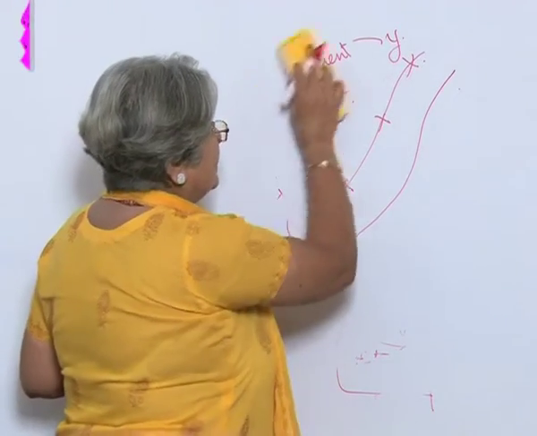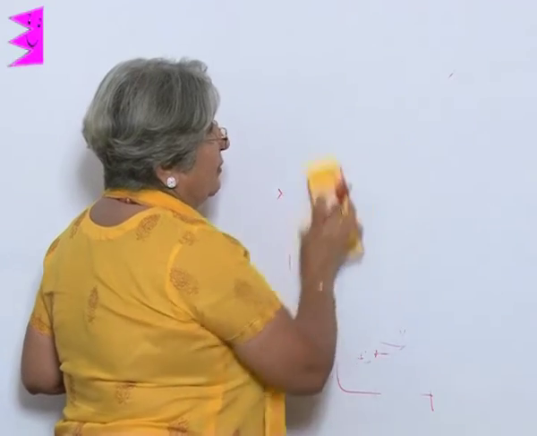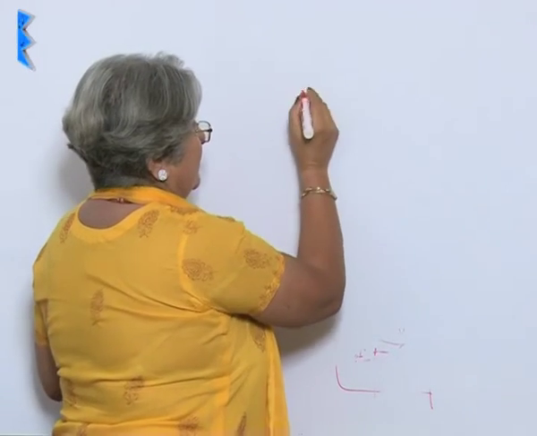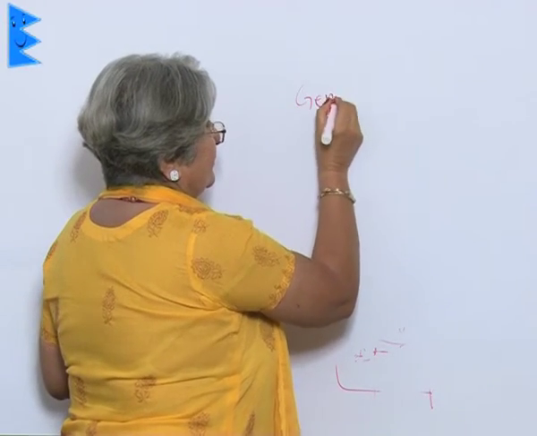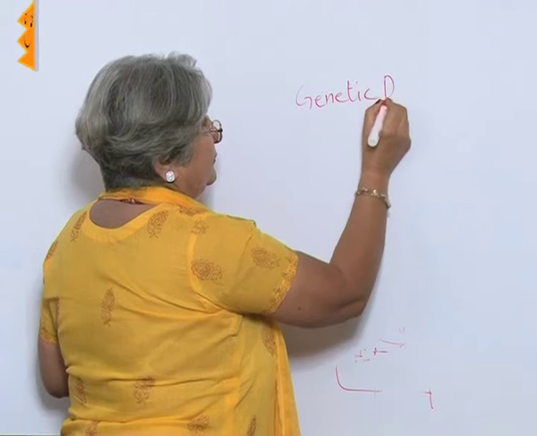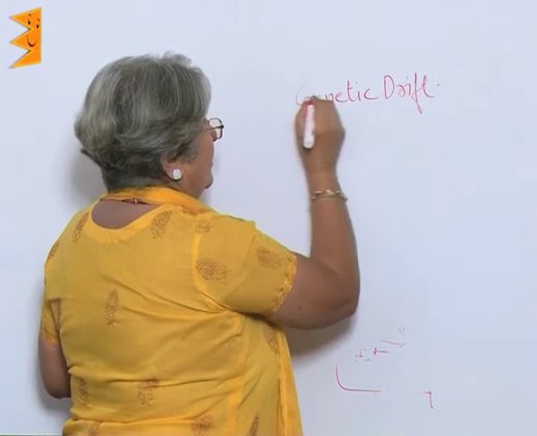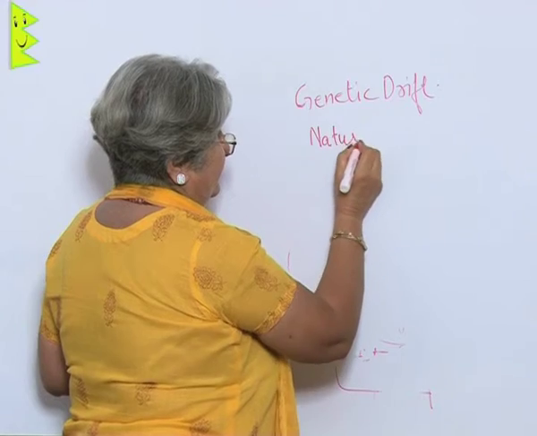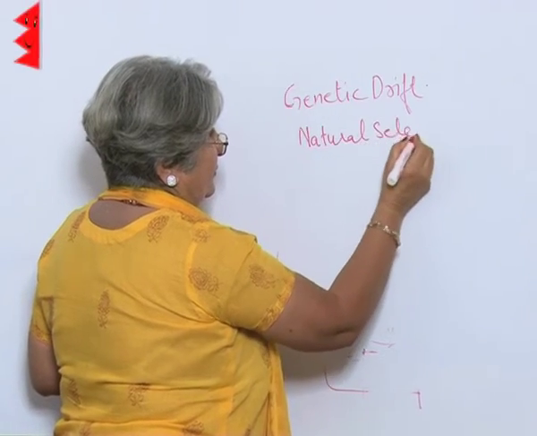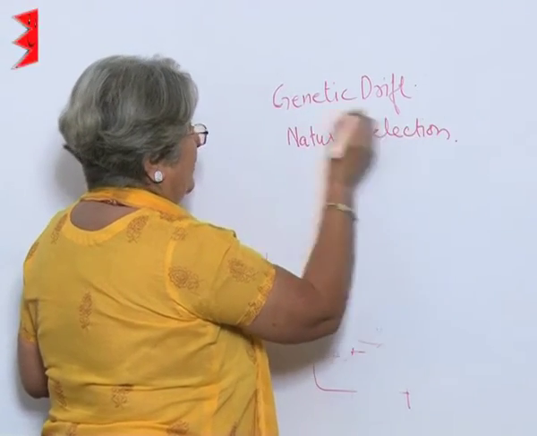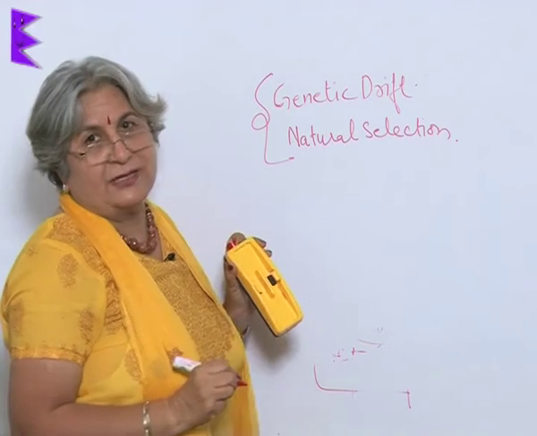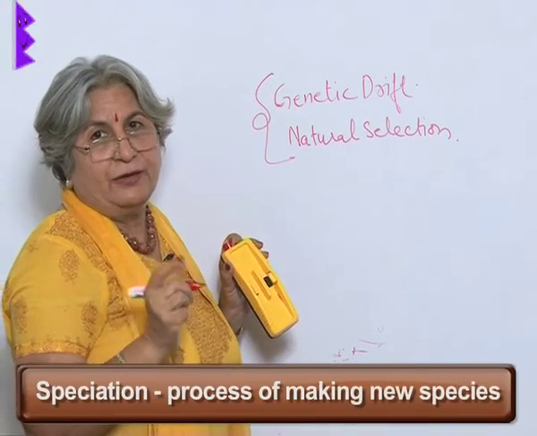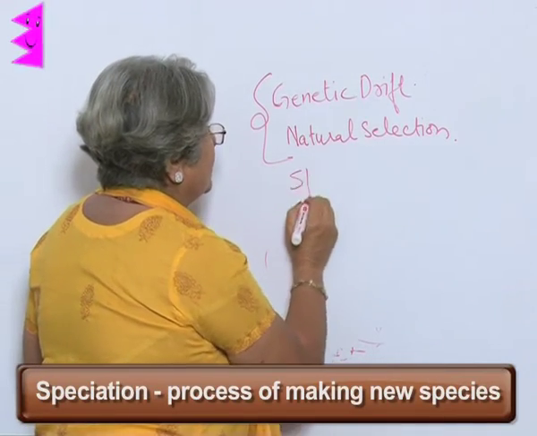So, the two points which are most important in evolution are genetic drift and natural selection. These two features are responsible for making new species, which is called speciation.